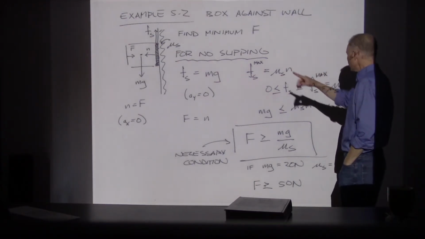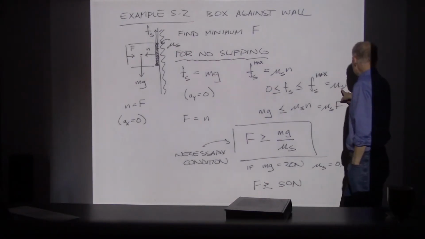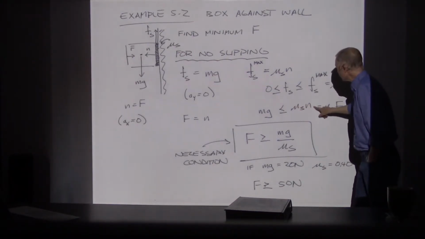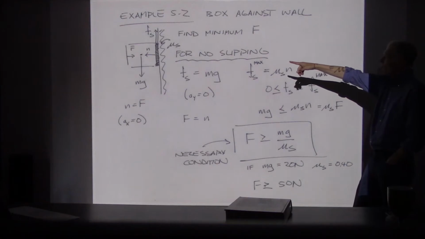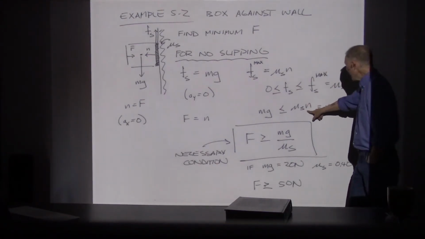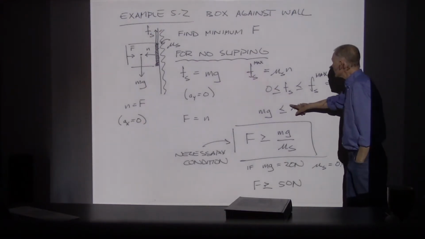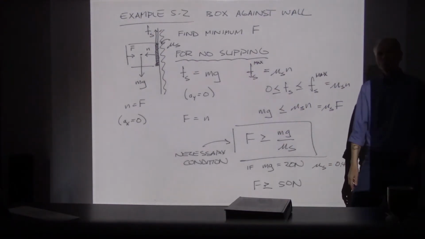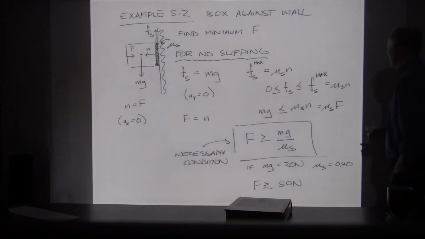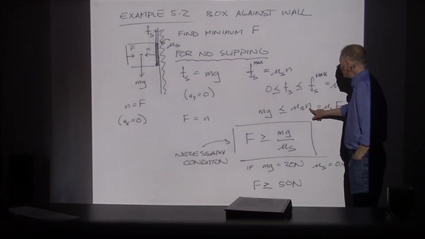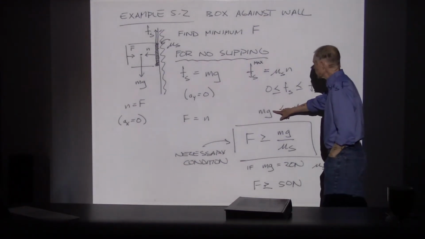The static frictional force is here. In order for that diagram to work, the maximum static frictional force, this is the maximum value, needs to be at least as large as mg. So that is saying that mu sub s times n needs to be as large as mg.